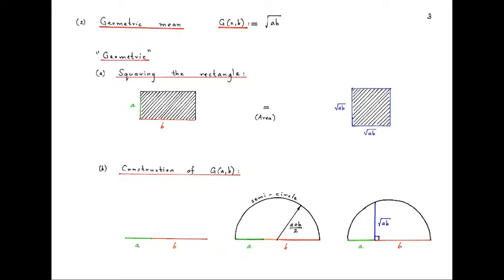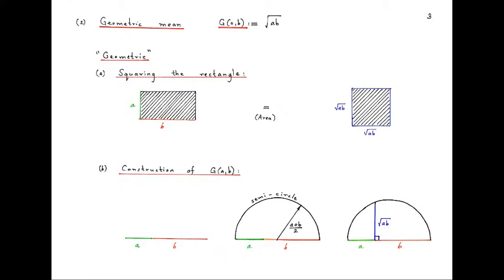The diameter of this circle will have length a plus b, and so the radius of this circle will be (a plus b) by 2, which is the arithmetic mean. But the geometric mean also arises in this situation. Where the first line segment of length a ends, we can erect a perpendicular to the diameter, and this perpendicular will at some point intersect the semicircle, and it will create a line segment whose length turns out to be the geometric mean of the two numbers a and b.